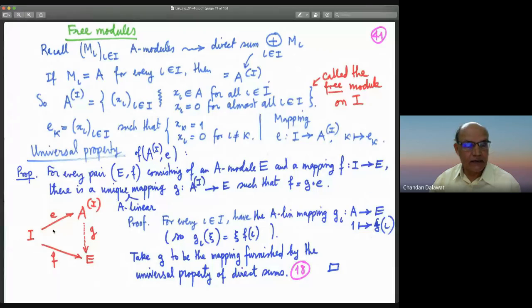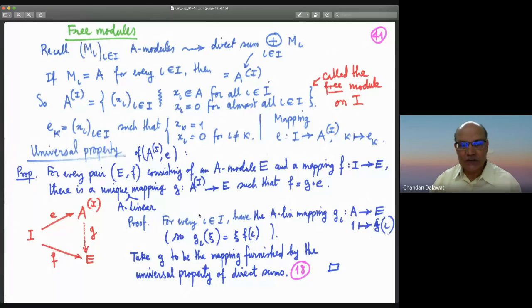Here is the diagram in red. I is given to me, and I construct A to the I, which is the free module on I, and it comes with a mapping iota from I into A to the I. Given any other module E and a mapping f from I to E, there's a unique mapping little g from A to the I into E, which makes this triangle commute.